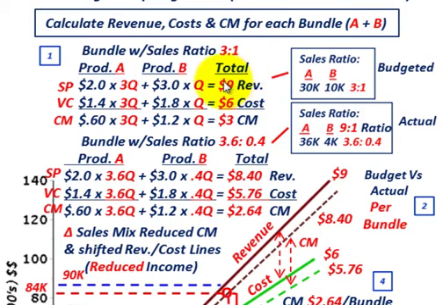For each bundle that we sell, our total for each bundle of product A and product B, $9 is going to go towards our revenue based on the bundling of product A and product B.